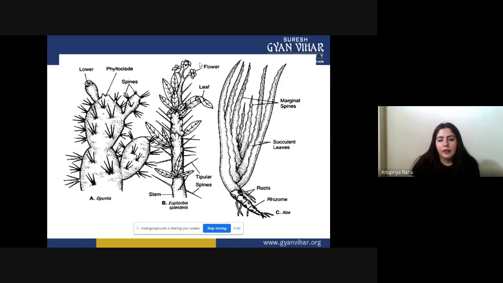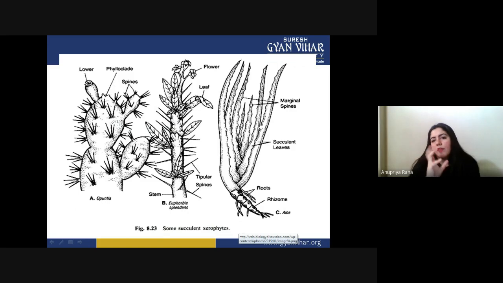You can see the diagram. These are the leaves. This is Opuntia. They are basically going to store water themselves. Their leaves are succulent leaves. The leaf becomes fleshy and very thick, so they can easily store water inside them.